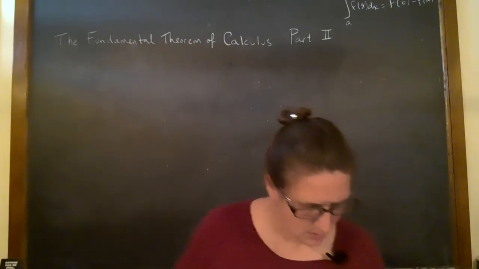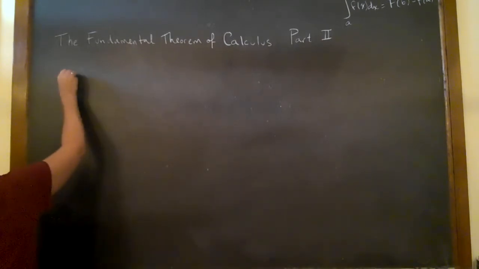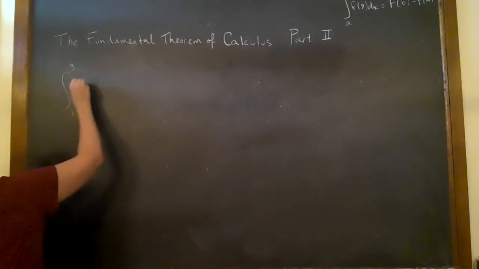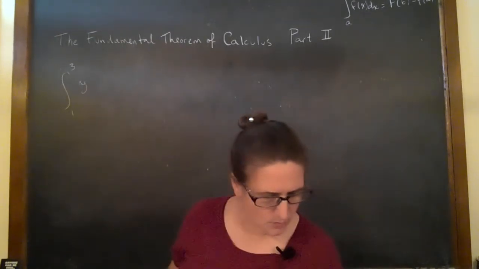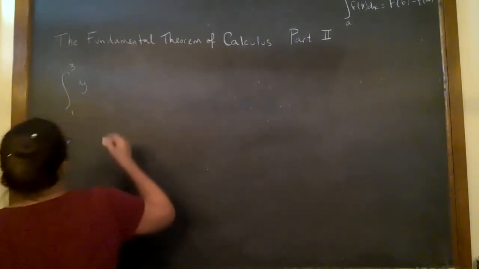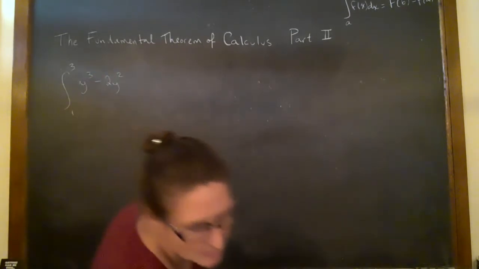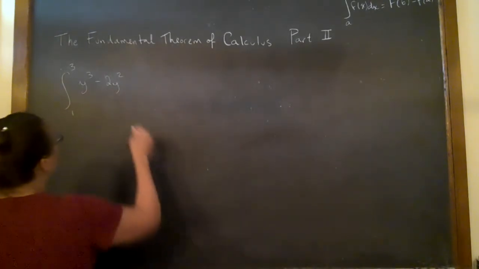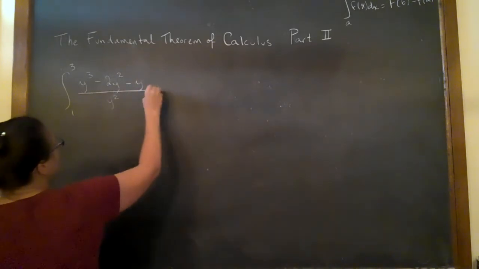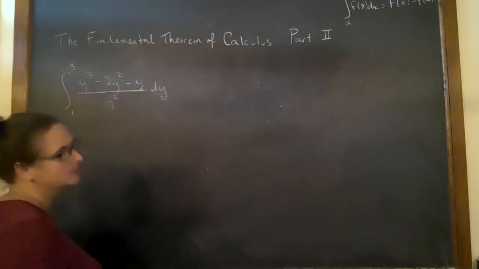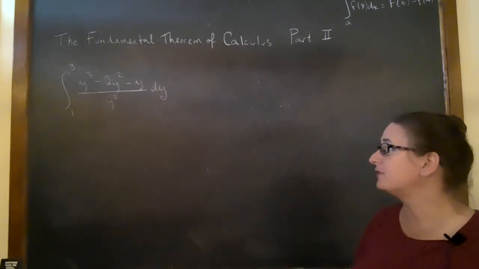Here's one. Nice one in the book here. The integral of y cubed minus 2y squared minus y, over y squared. Okay, so something like this, it's a little messy. You need to clean it up first, right?